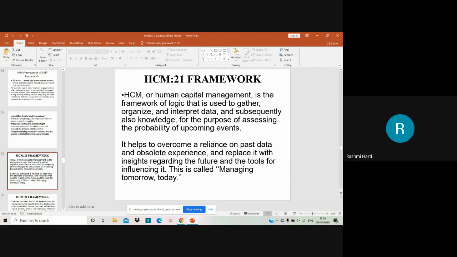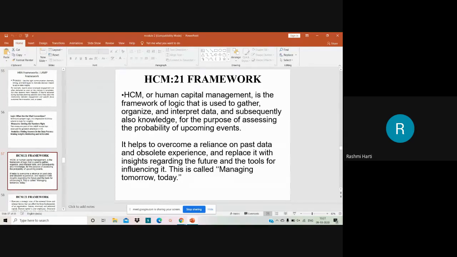I hope this LAMP model is understood. Any confusion here in the LAMP model, my dear students? You can reply in the chat box. Bharat Kolkar, do you have any confusion? Is it clearly understood? Please unmute yourself.